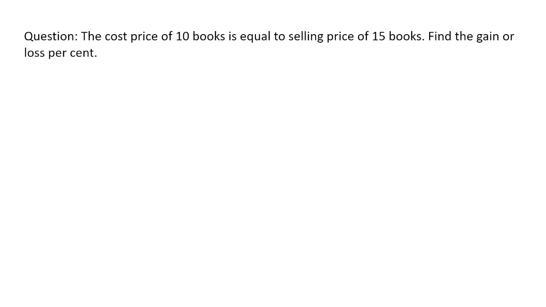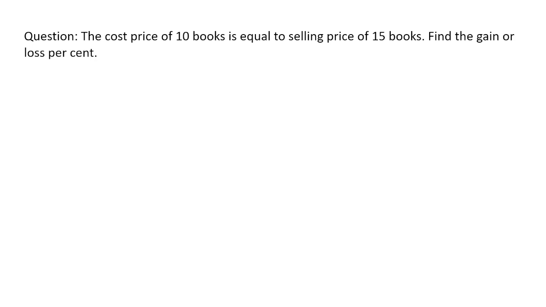So, here we suppose that each book has same price. Okay. So, to recover the money of the cost price, he has to sell 15 books, but he has only 10 books, right. So, he buys 10 books, and to recover that money he has to sell 15 books.